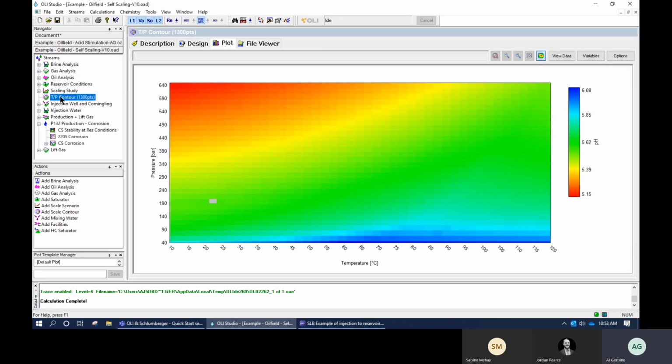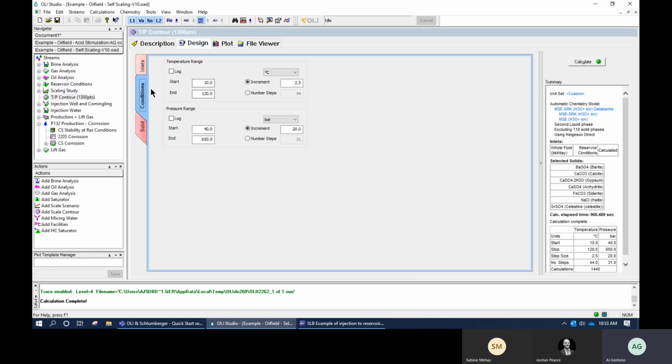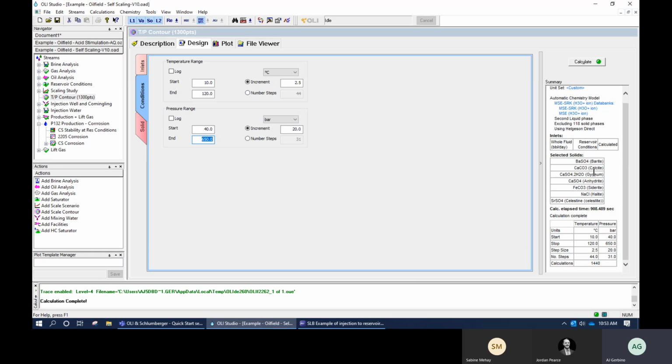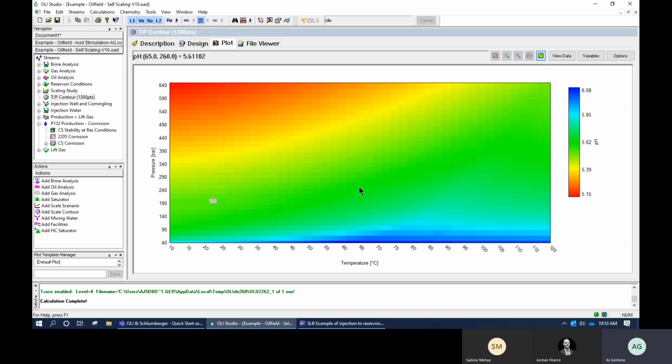Or, and we actually do this a lot when we do halite scaling, we create what's called a contour diagram, where we look at a range of temperatures. So if we're starting at 10 degrees Celsius, let's say at the seabed, up to 120 degrees Celsius as a high temperature, and 40 to 650 bar, that means we're actually calculating about 1,400 data points, and then plotting whatever variable we want.